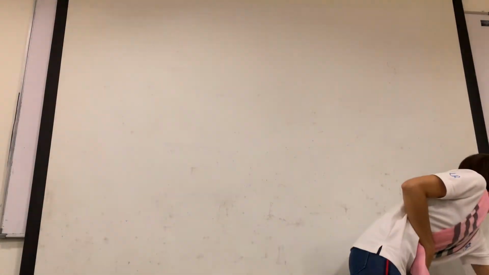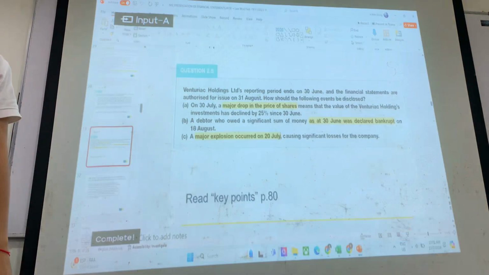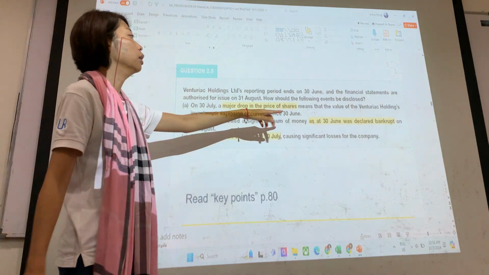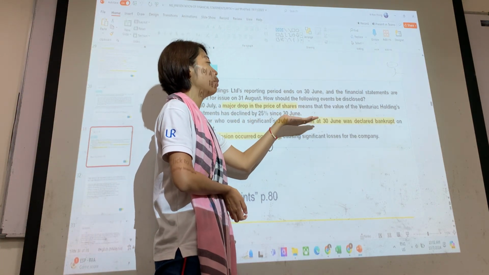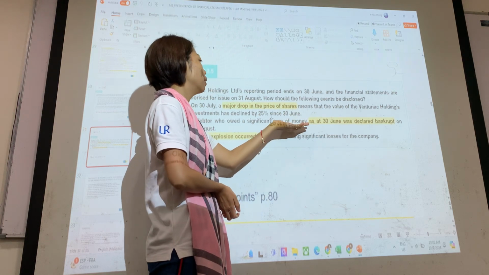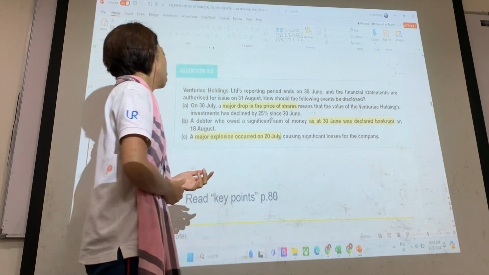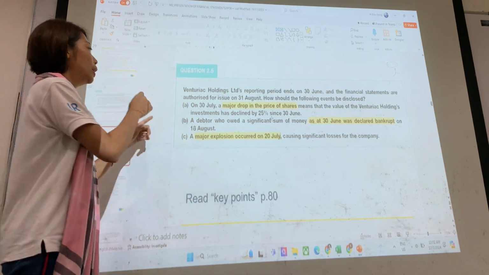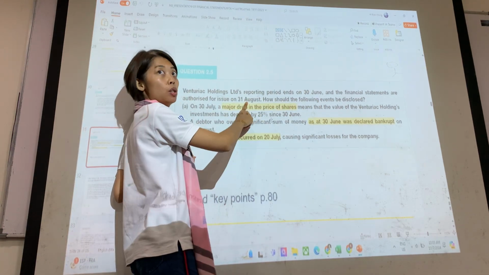Then the second one, debtors who owe a significant sum of money as at 30th of June. It has already existed in your statement of financial position. That trade debtor owes you money, and now declares bankruptcy on 18th of August. So your first question is whether it is between 30th of June and 31st of August.